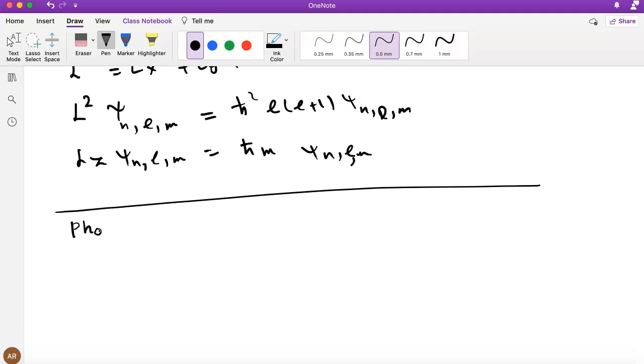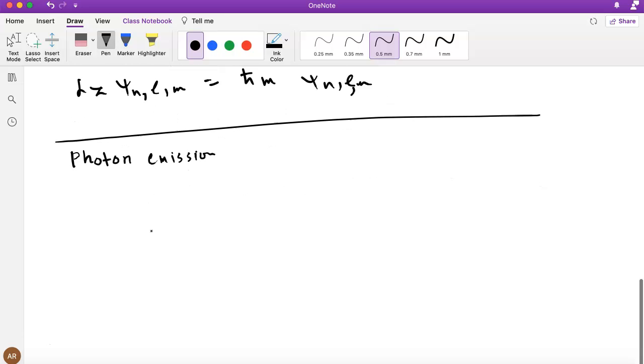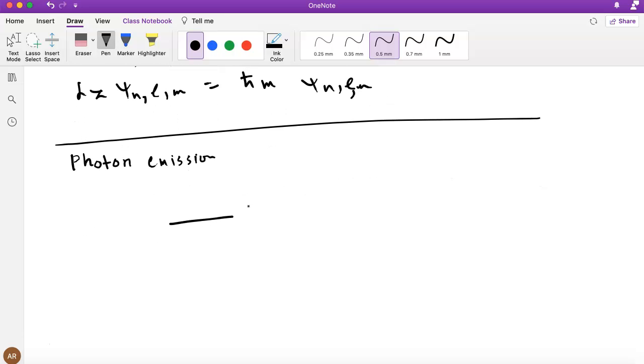So photon emission: let's say you're initially in some level with energy Em, right? And there's some lower energy level somewhere. So let's call them E initial and E final.